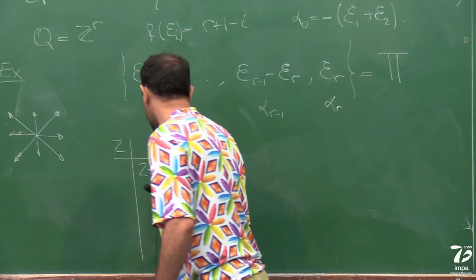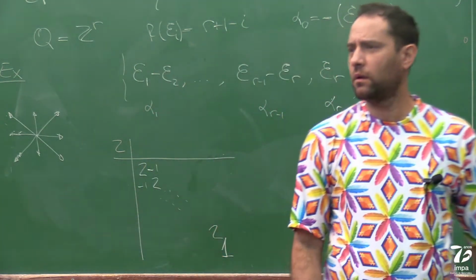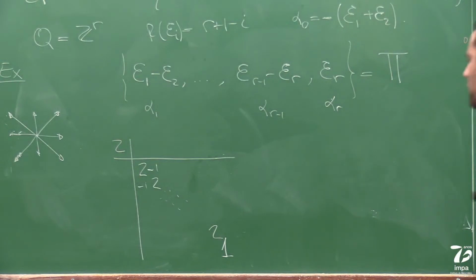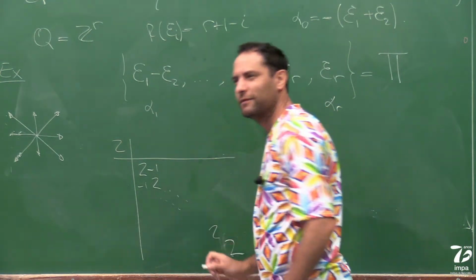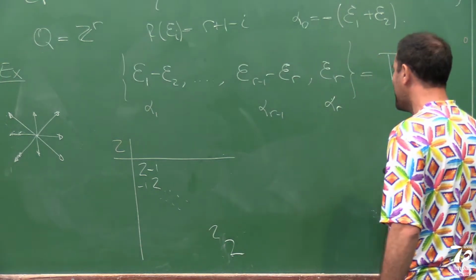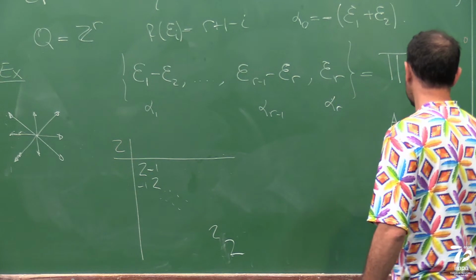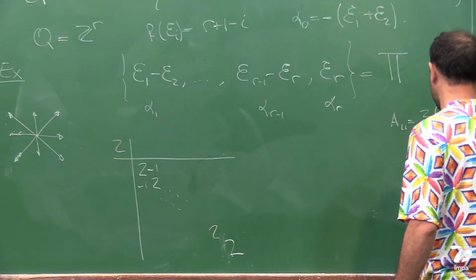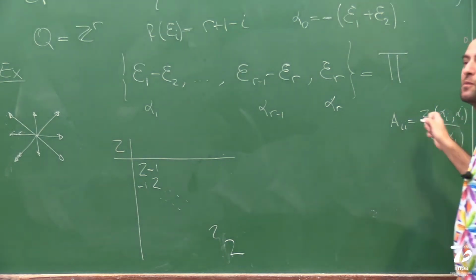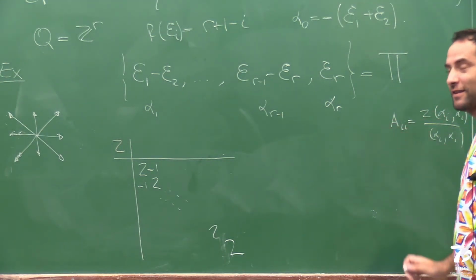So I have a minus 1 here, a minus 1 here. How can we not have the 2 on the diagonal? Oh, I'm sorry. That's correct. This is a 2 on the diagonal. It's just that the square length is 1. Thank you. Yeah, so A_ii is always 2, because it is 2 times alpha i inner product alpha i, divided by alpha i inner product alpha i, which is the reason we have that 2. But we're going to need the fact that alpha r has square length 1.